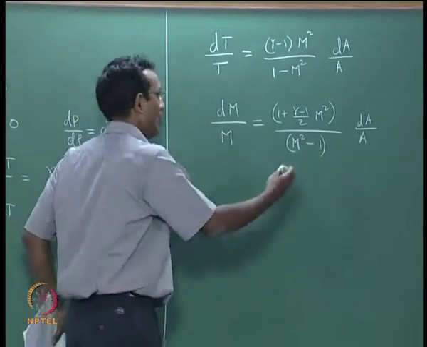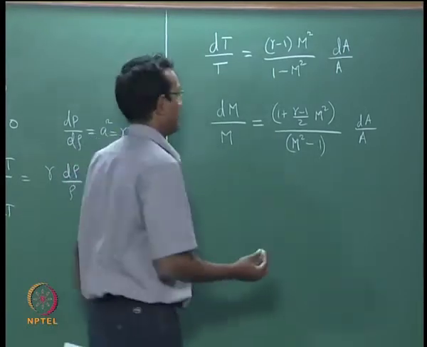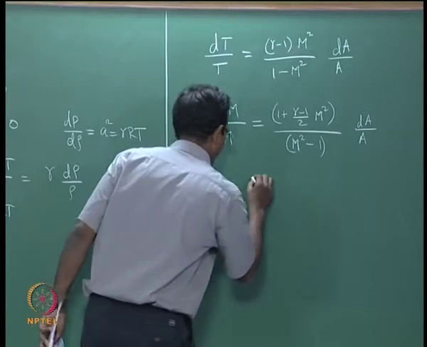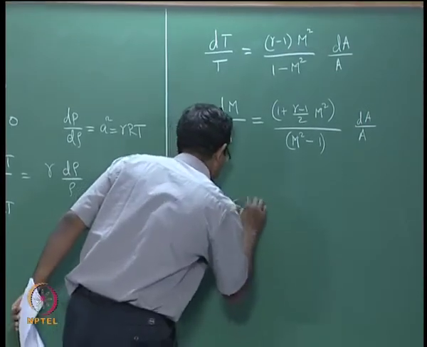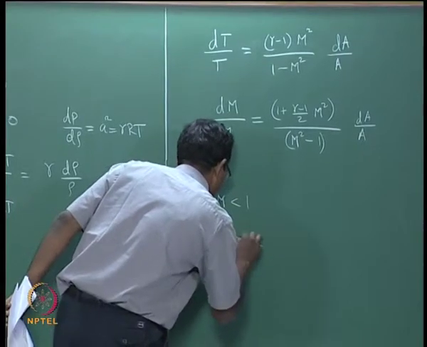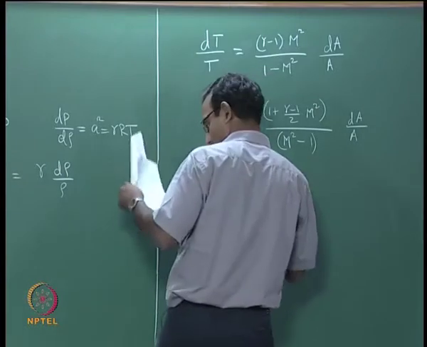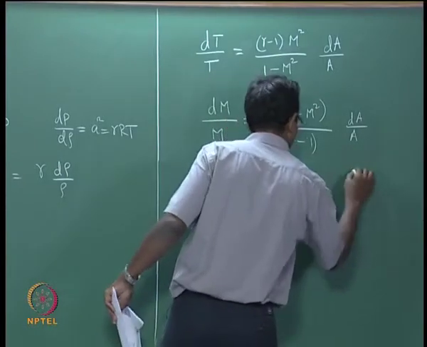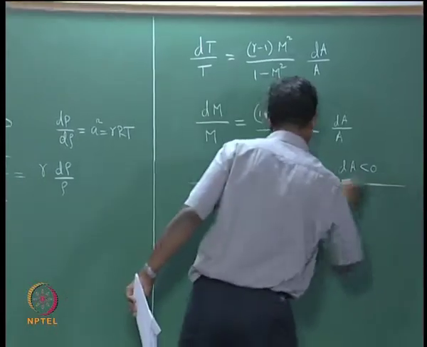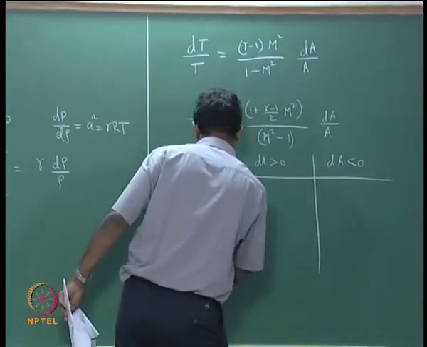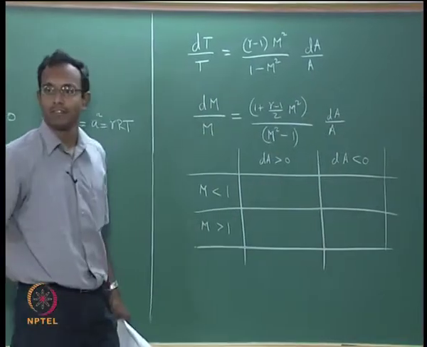Okay. We will anyway go over this once more because this is directly applicable to flow through ducts with changing areas. So, if I look at that again, I am going to draw that table the way we have already done: M less than 1, M greater than 1, and I am going to say dA greater than 0 and dA less than 0. I believe we have already drawn this table some time back, definitely.